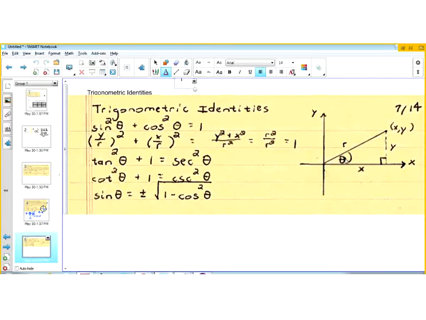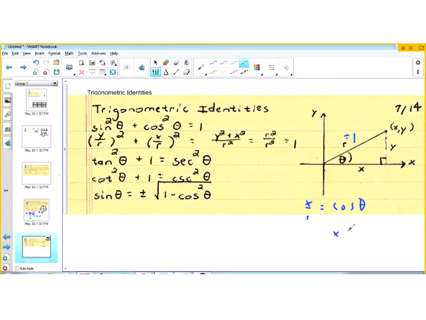Okay, so again, here we have our usual graphical setup. We have angle theta, terminal side of length r, terminal point P. Supposing r is equal to 1 in this illustration, we have a right triangle, and x squared plus y squared is equal to 1. We know that x over r is equal to cosine theta.